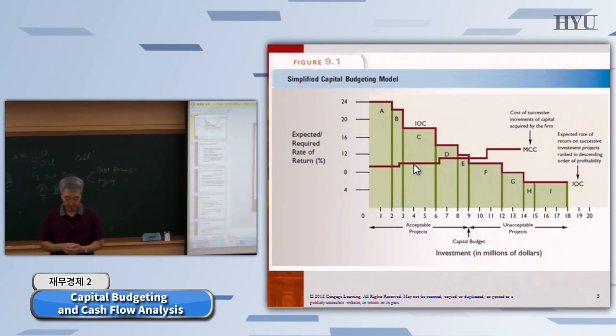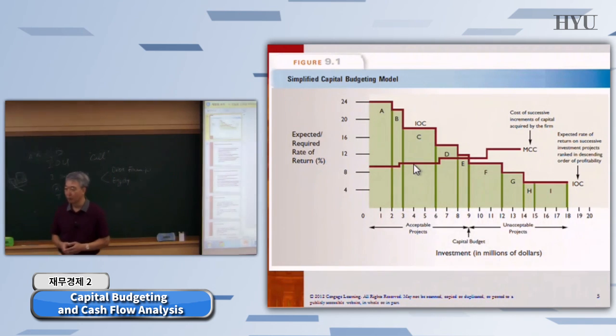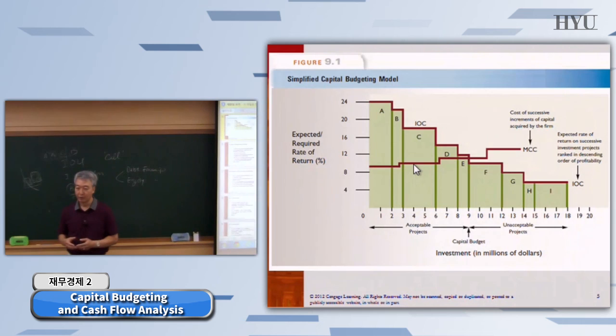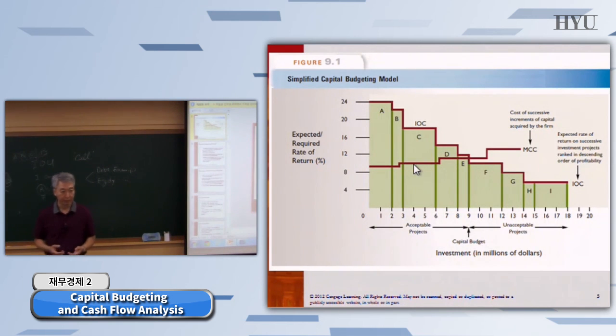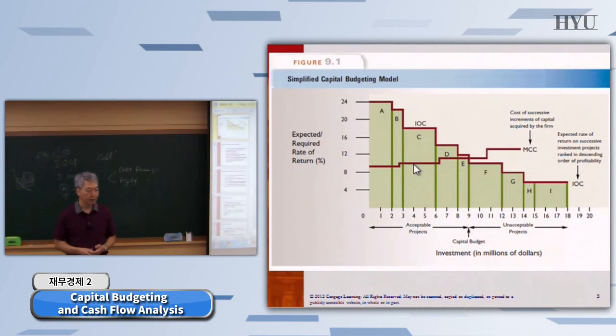Because the obvious reason is, of course, when a company needs money, they would come to the best source of the fund. So if they can issue bonds at, say, 9%, and that's the best they can do, then they would use that method first to raise the capital.